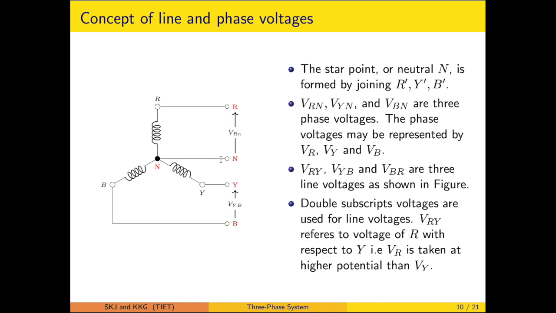Similarly, you can have VYN and VBN. Whereas the voltage between two terminals, which we call the lines, is regarded as the line voltage. So that will be VYB. If you elaborate further, you can easily find VYB is equal to VYN minus VBN. Likewise, we will be taking up the others.